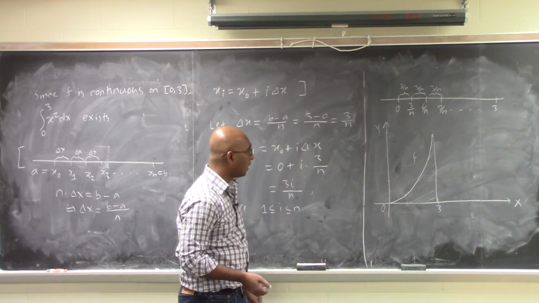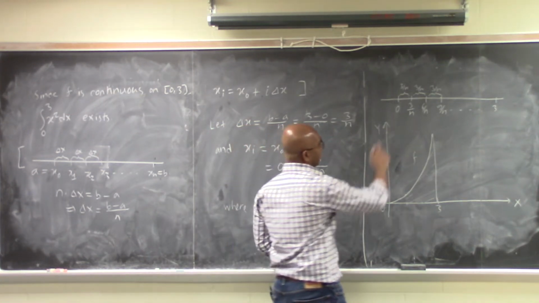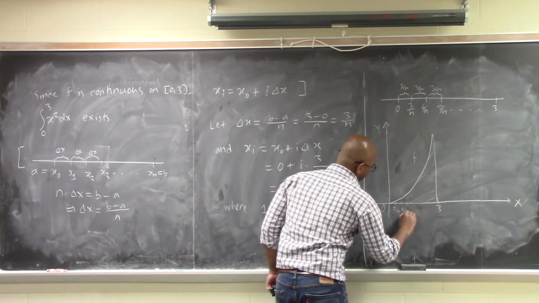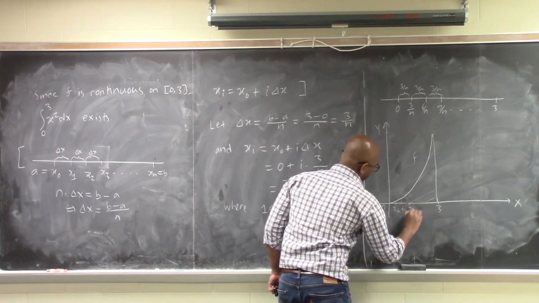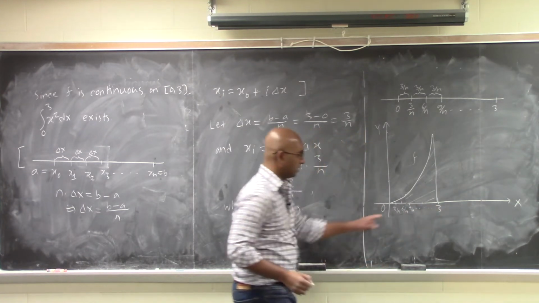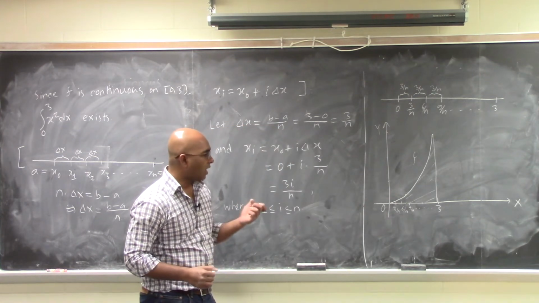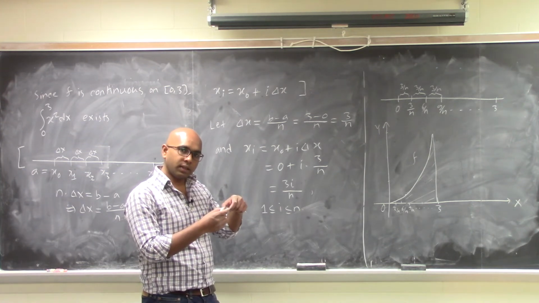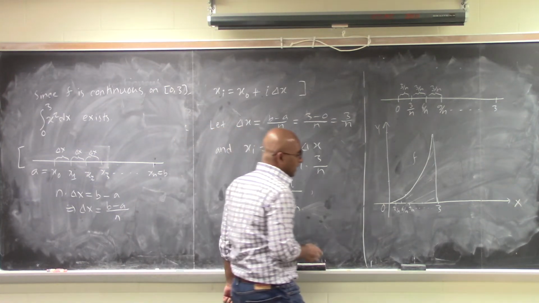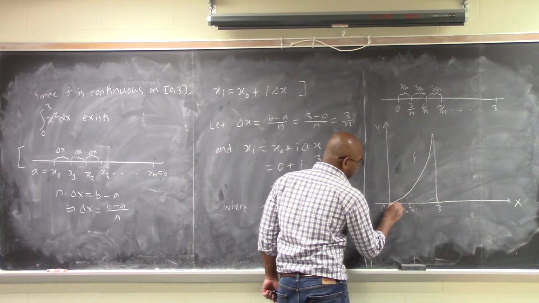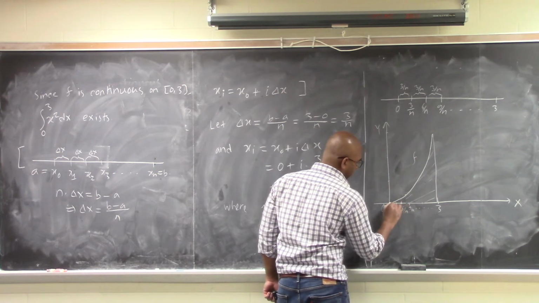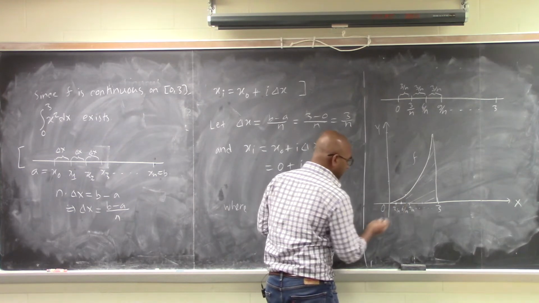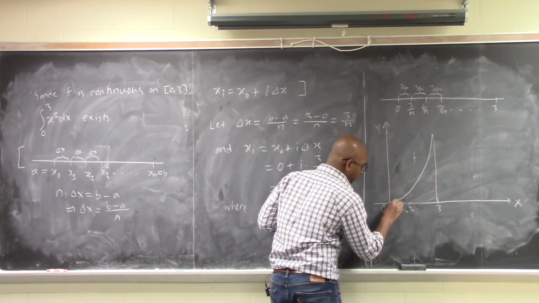Okay? Alright, and what we did, actually we figured out the partition of this thing. So this is 3 over n, and then this is 6 over n, and then this is 9 over n, and so on and so on. Okay, so these are the partitions, right? And now for each interval I need to fit a rectangle, right? And that's why I need to choose some representative points, and here I'm going to choose the right endpoints. So for this interval I'm going to choose that right endpoint, so my rectangle will have this height.